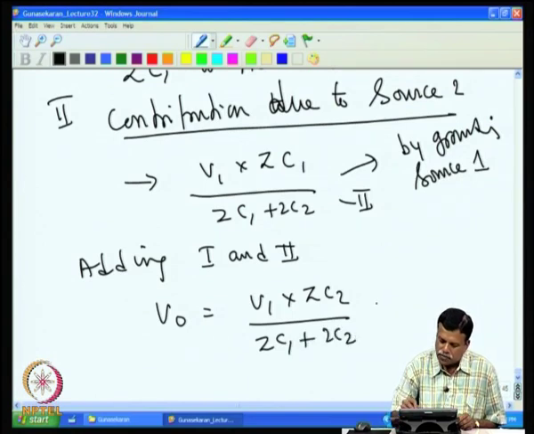Then, since the other one is minus, the polarity is reversed, so I can write it as V1 into ZC1 divided by ZC1 plus ZC2.